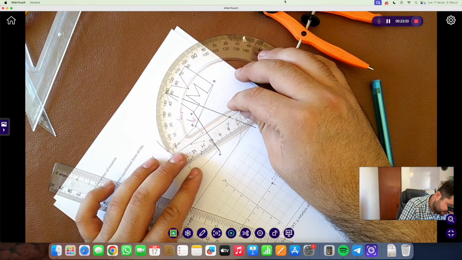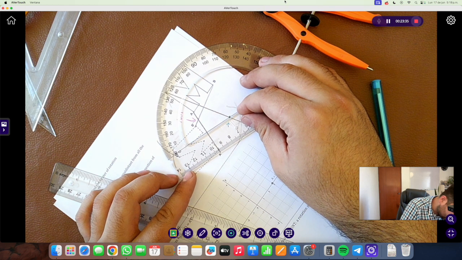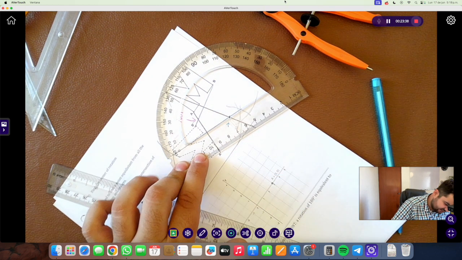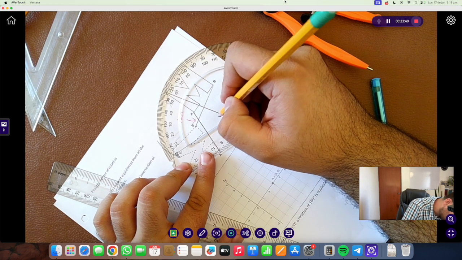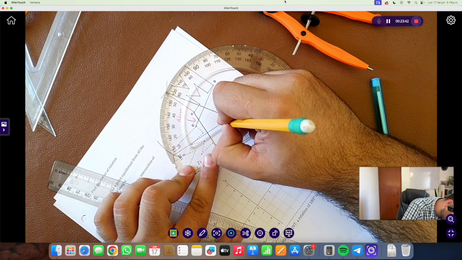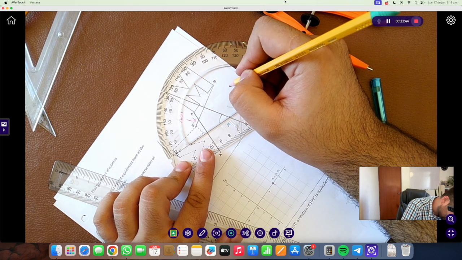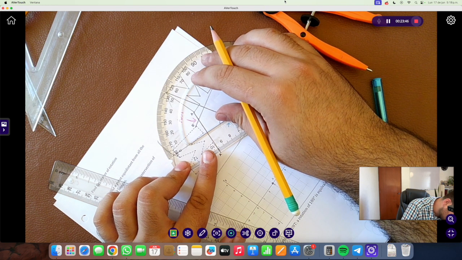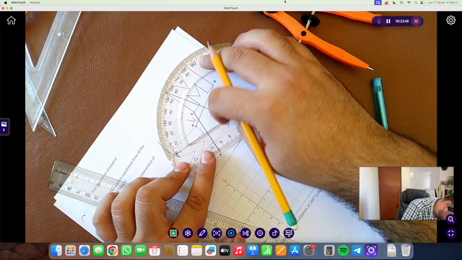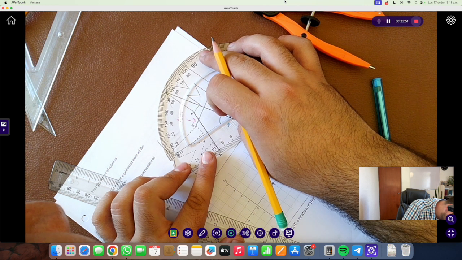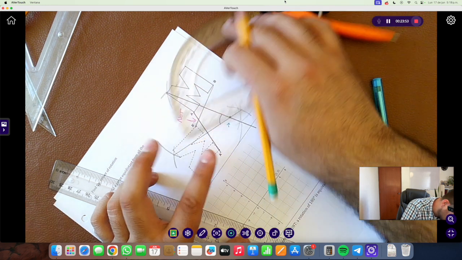And now you can measure the angle. Remember to align the line with 0. So the angle that you want to measure is this one. So this one is what? It is 56.